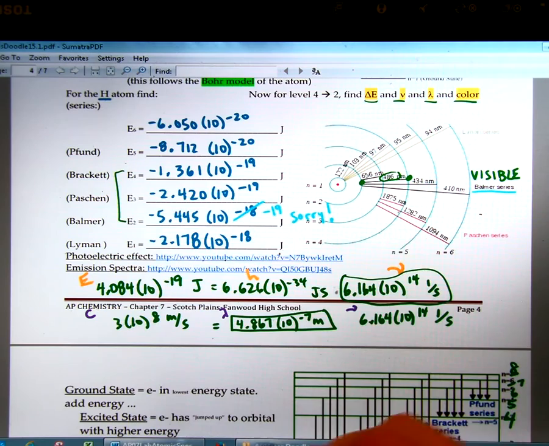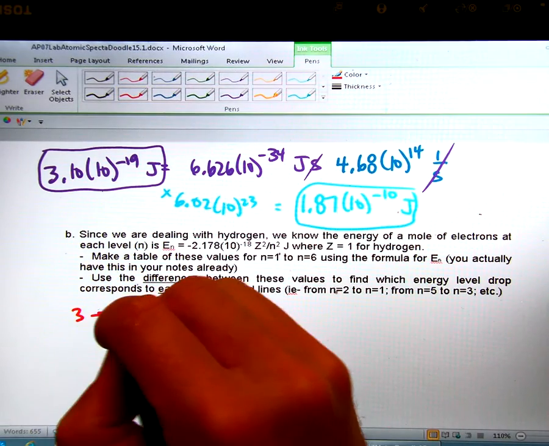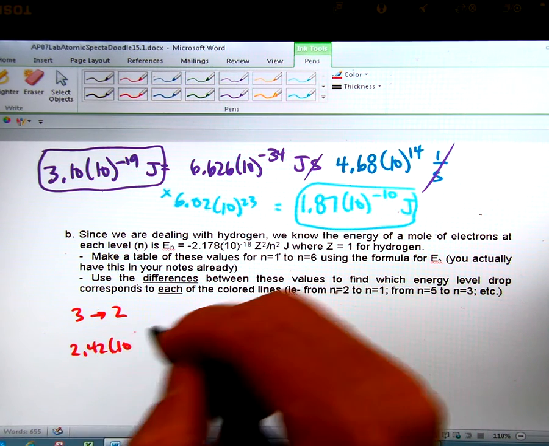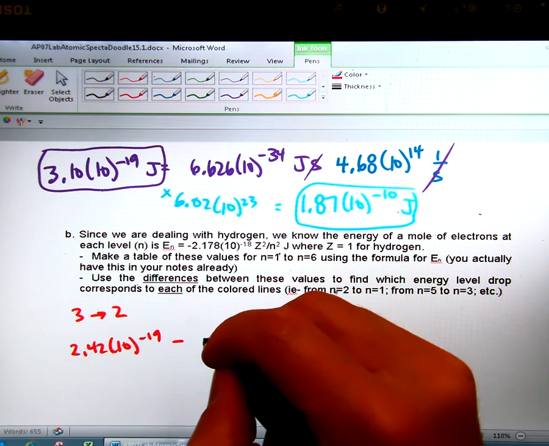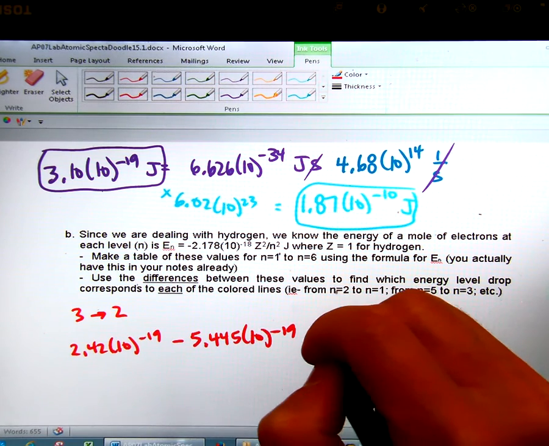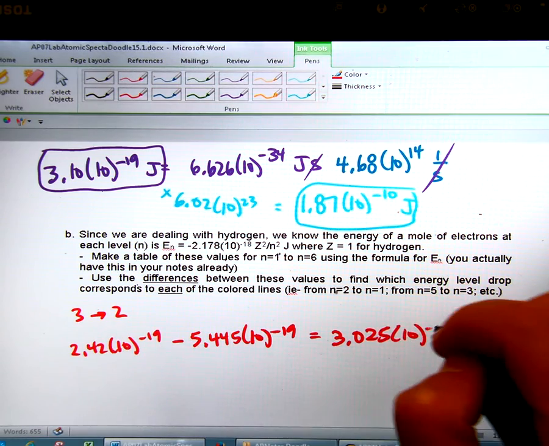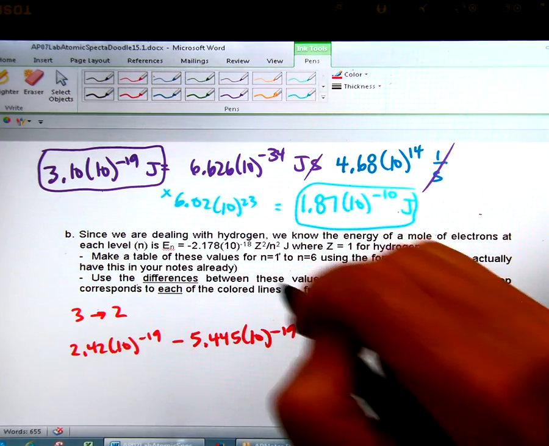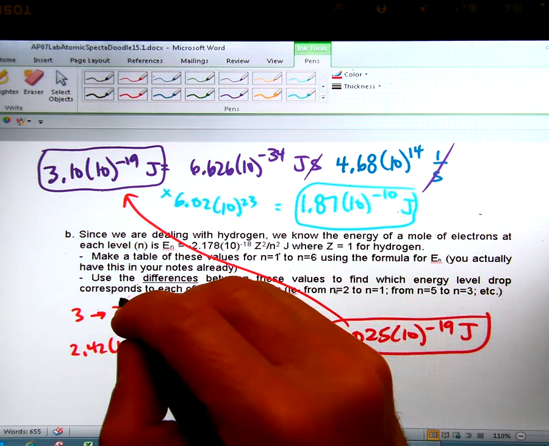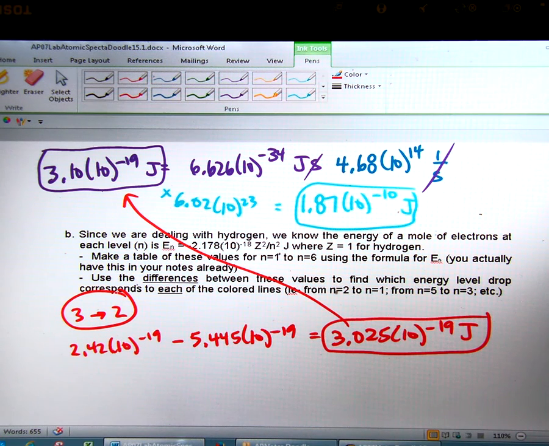So if I write that on my paper, you'll see that for 3 to 2, you're going to have 2.42 times 10 to the minus 19th minus 5.445 times 10 to the minus 19th, which equals 3.025 times 10 to the minus 19th joules, which is very, very close to that value you got over there. So that shows you that this transition was indeed from 3 to 2. Your job is to figure out which other transitions are for the teal and the violet.